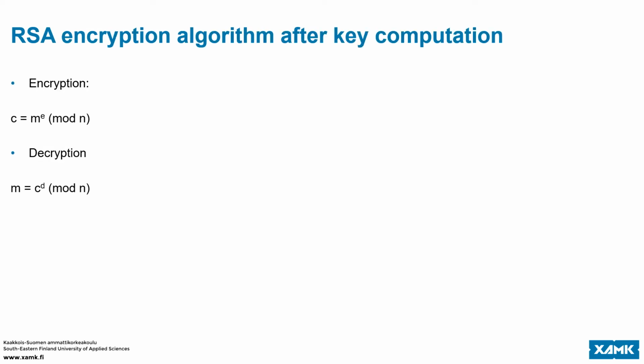After computing the keys, the RSA encryption algorithm works as follows. Your ciphertext is the message to the power of e modulo n. Decryption works in reverse. So your plaintext message is the ciphertext to the power of d modulo n.